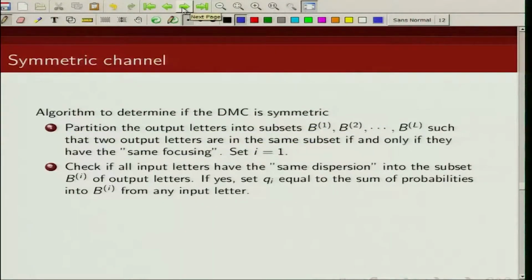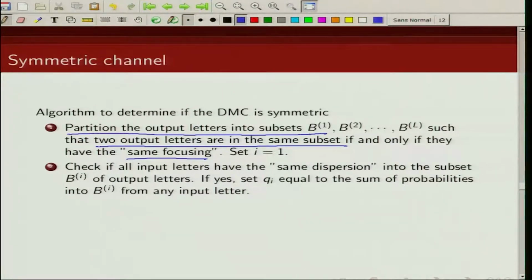So what we are saying is you partition your output letters into subsets B1, B2, ..., BL such that two output letters are in the same subset if and only if they have the same focusing.